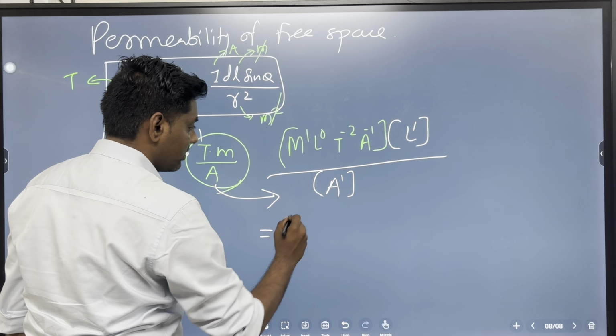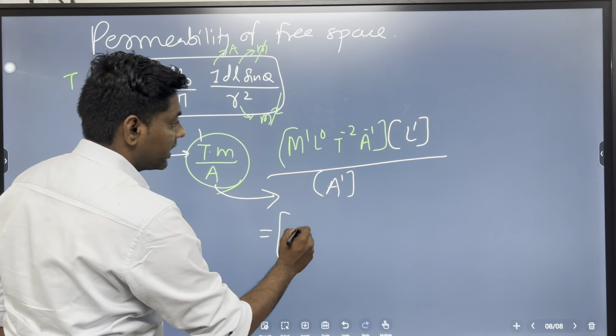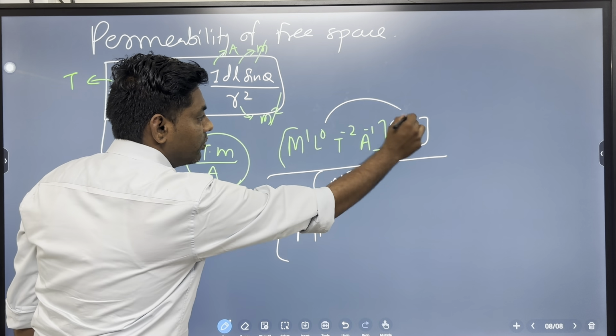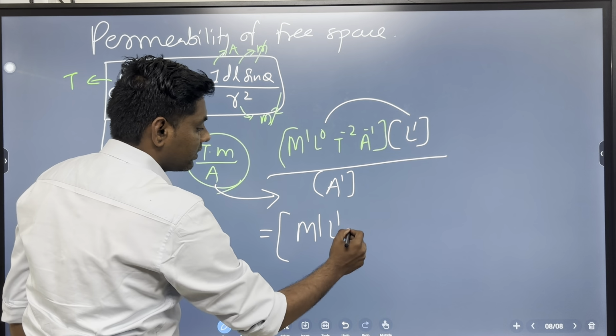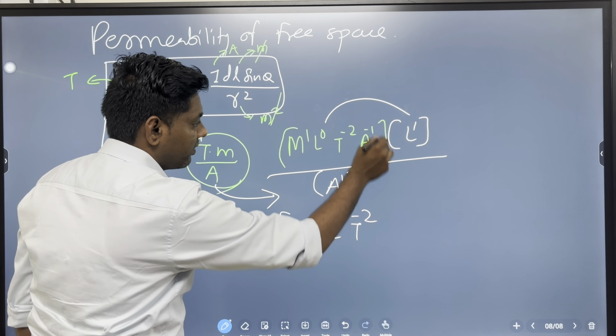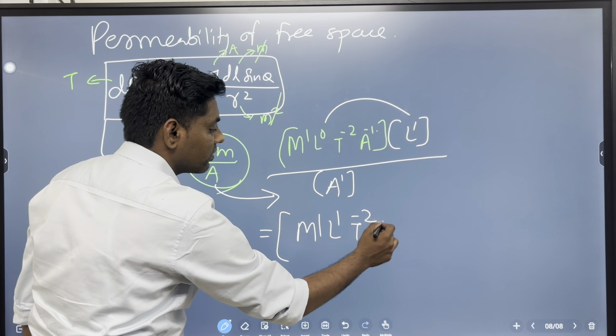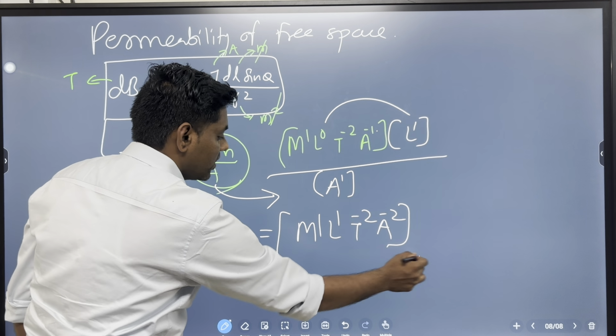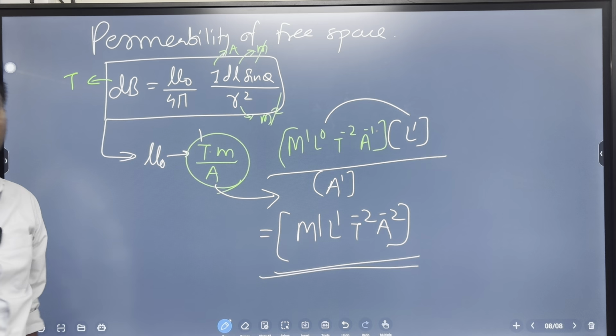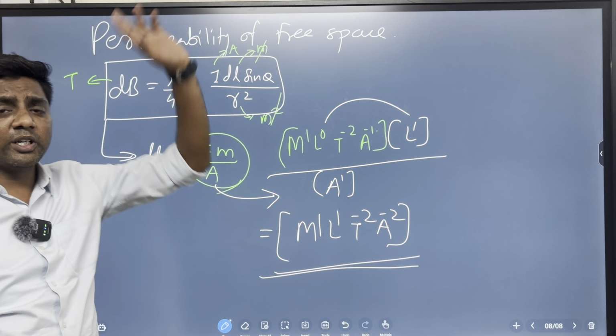So we get M1, it becomes L1, then T minus 2, and A1 goes from denominator to numerator, so the minus 1 becomes minus 2. This is the dimensional formula for permeability of free space.